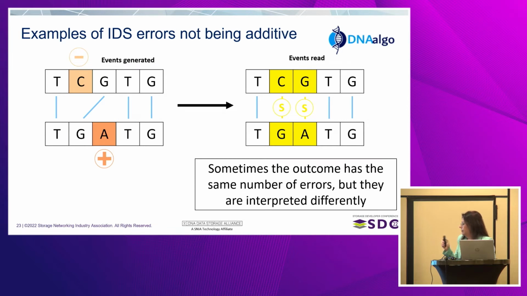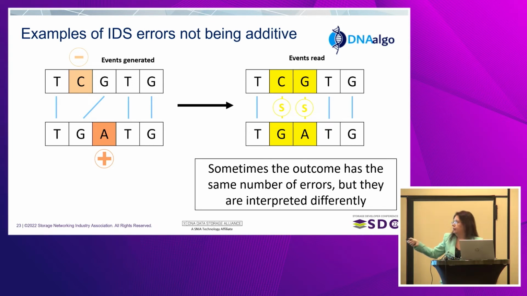Okay, and this is one last example. Maybe it's boring to see all these examples, but I just want to underline this kind of example, because in this case, what we may interpret is exactly the same edit distance.